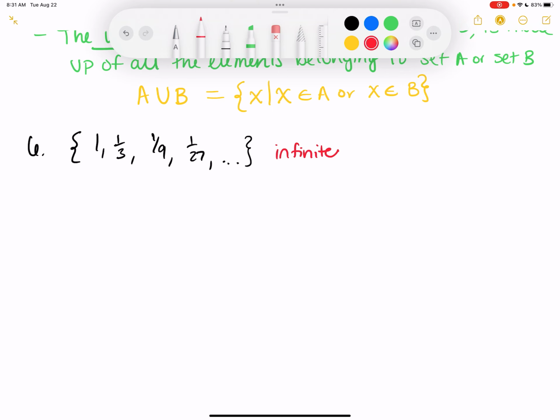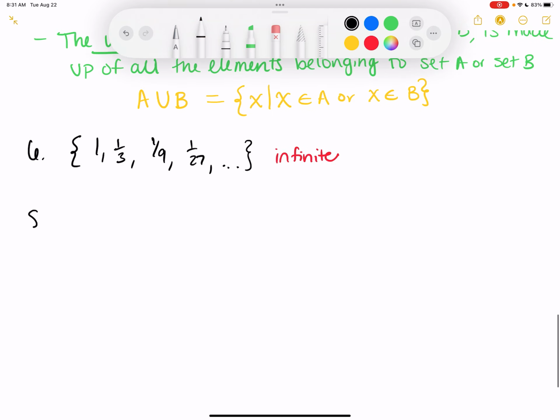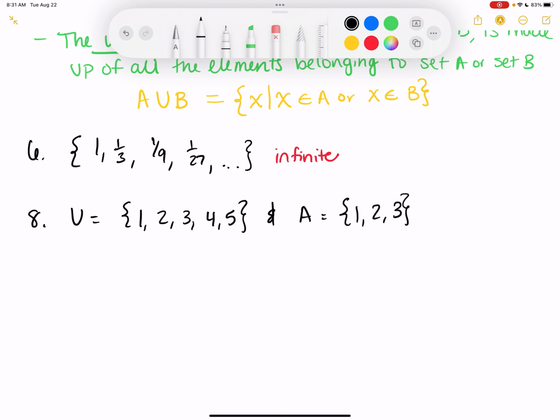All right, number 8 gives you 2 sets. The set U is the set 1, 2, 3, 4, 5, and that would be the universal set. Then set A is the set 1, 2, 3.